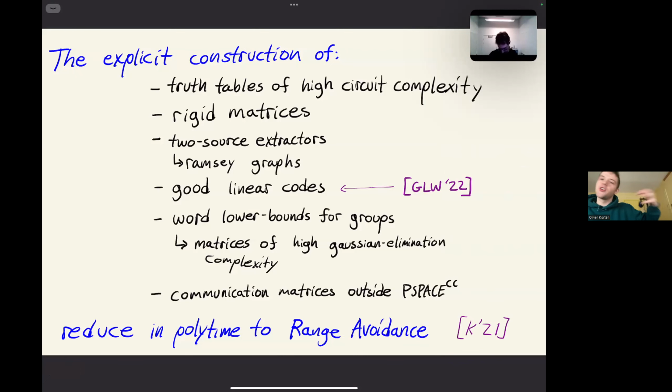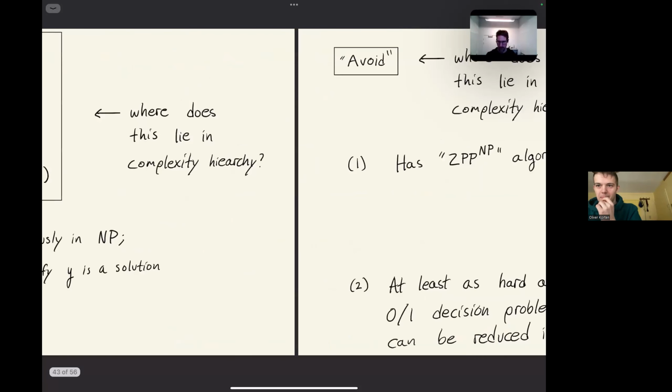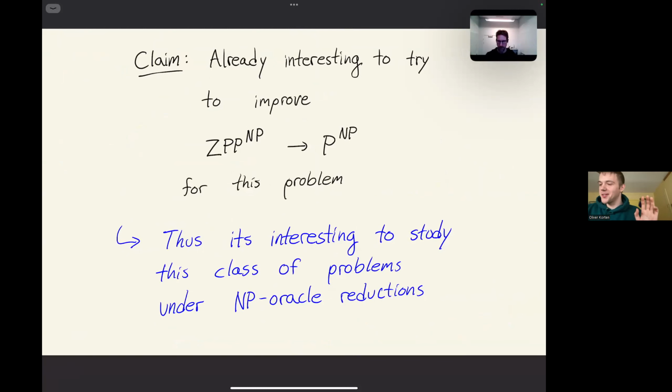The literature previously noted that the barrier for these classes is that not only can we not explicitly construct a rigid matrix, but it's not clear how to do it even with an NP oracle. So this was already a view people had on these problems prior to this work: the barrier class, the difference between what's easy to do and where you need a non-trivial approach, already happens in this class P to the NP. Happy to clarify anything if that was confusing. Please feel free to interrupt.